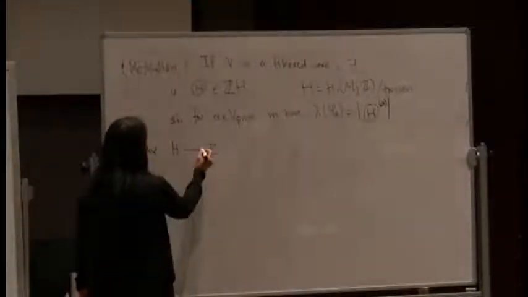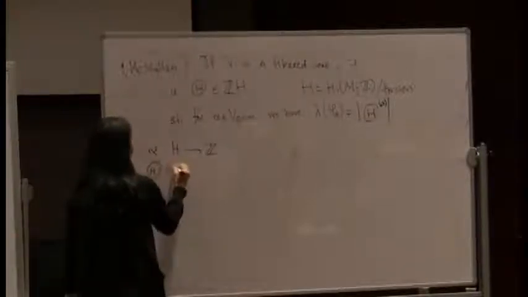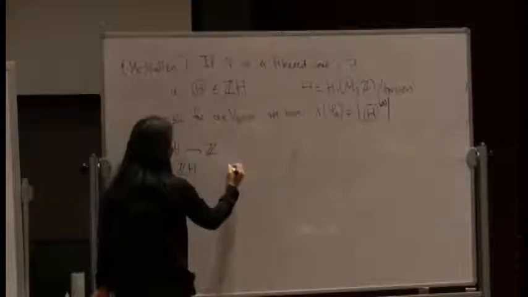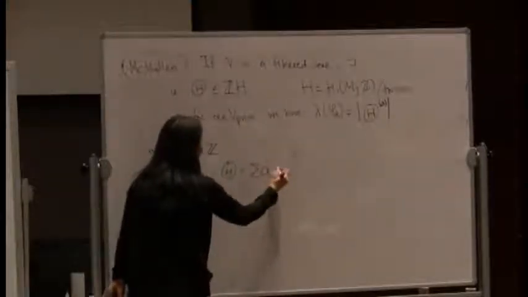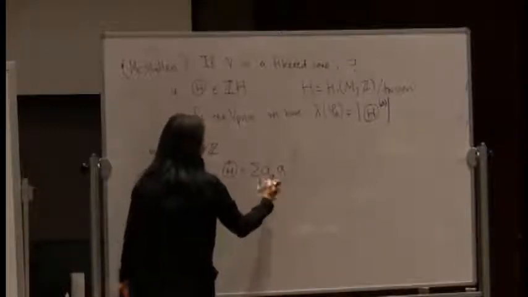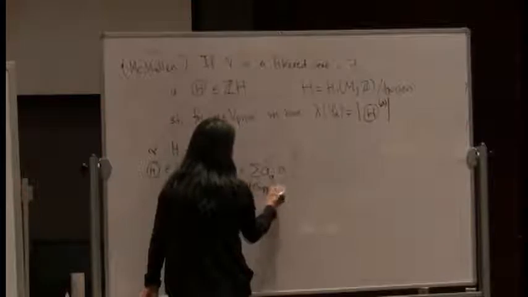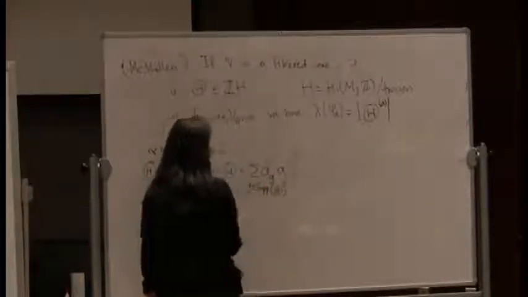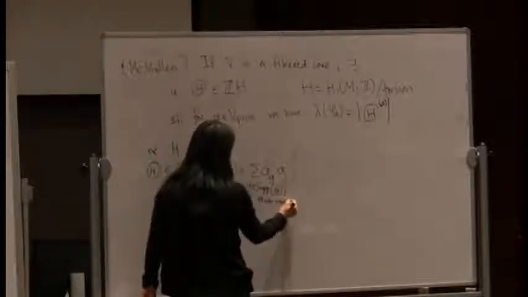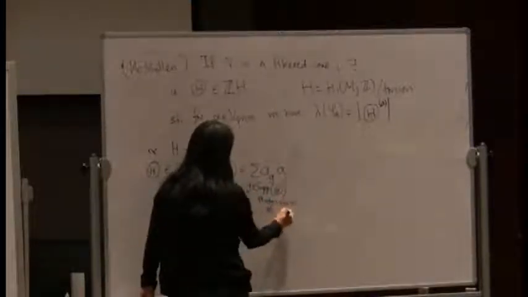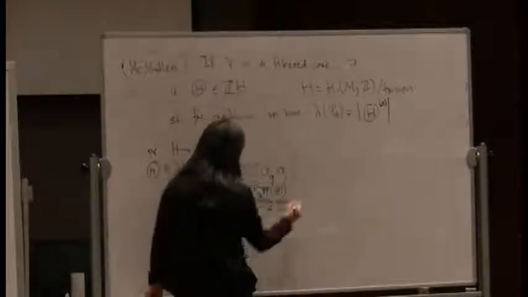And theta is an element of ZH, so you can write it as the sum of a sub g times g, where g is in some support, some finite subset of H, and a sub g are integers.